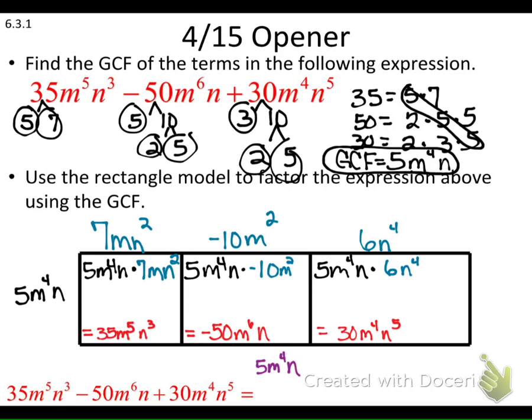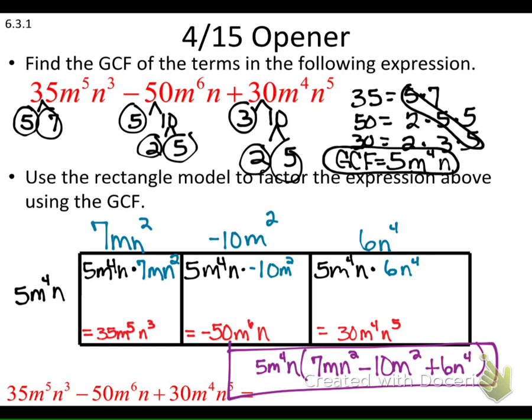Not 7mn squared, because it's my height times my width. So how do I represent times? Parentheses, then I put in my first width, 7mn squared, then my second width, negative 10, and then my third width, 6n to the 4th. So positive 6. End it with parentheses and a box, and we're done with the front side here.